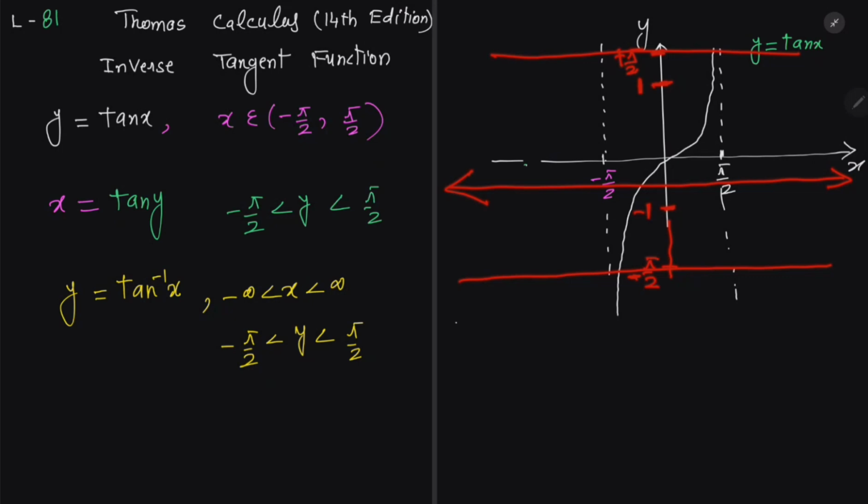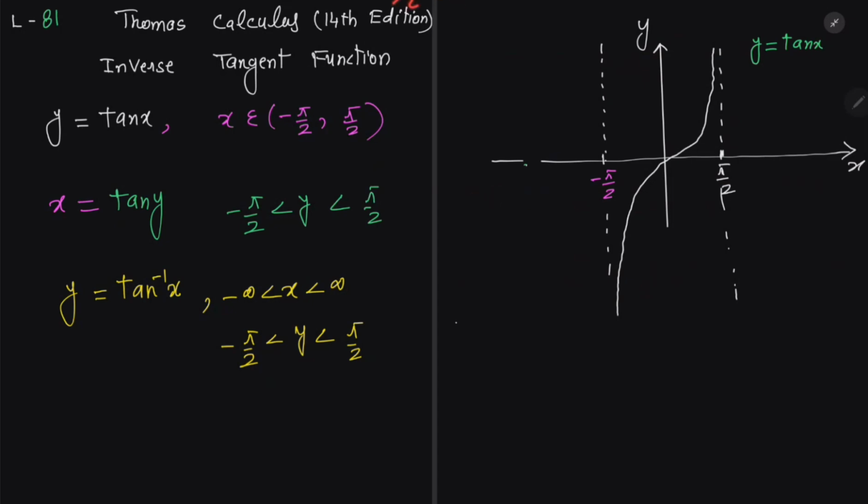The original function was restricted on the x-axis to minus pi by 2 to pi by 2, and the y-axis was minus infinity to infinity. The actual function, in fact, was one-to-one. So now the domain is minus infinity to infinity.